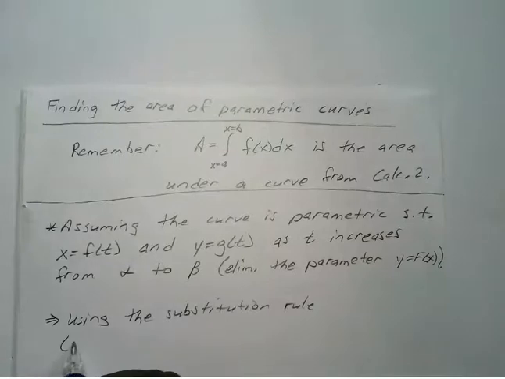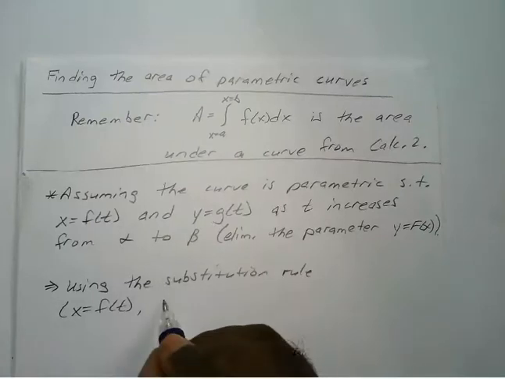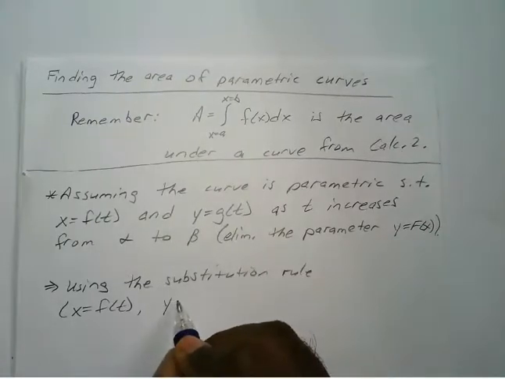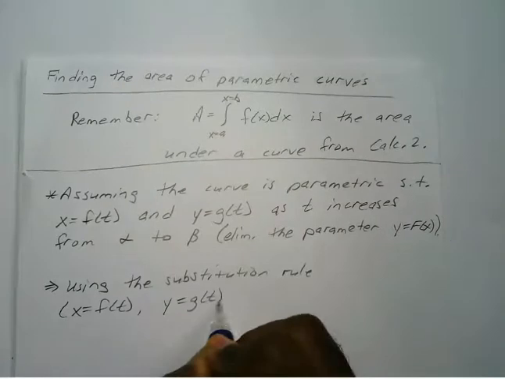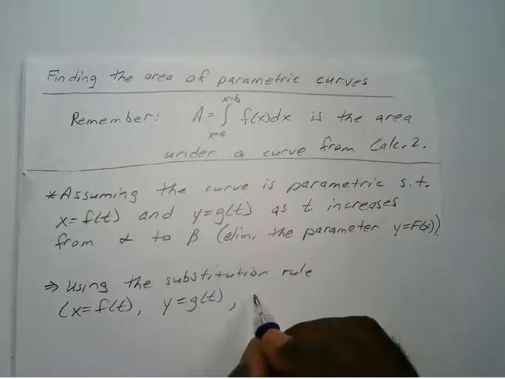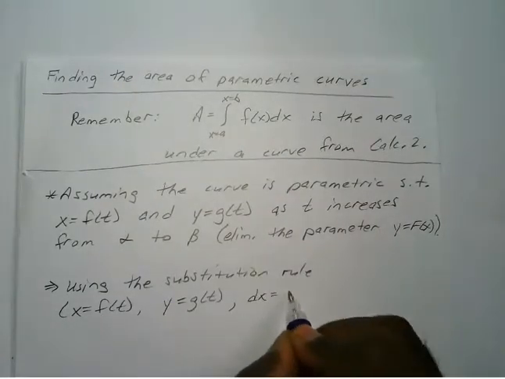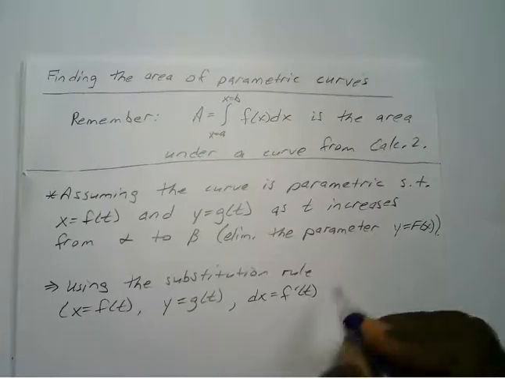We have our x, which we know is f of t. We have our y, which we know is g of t. And we have dx equal to f prime of t dt.